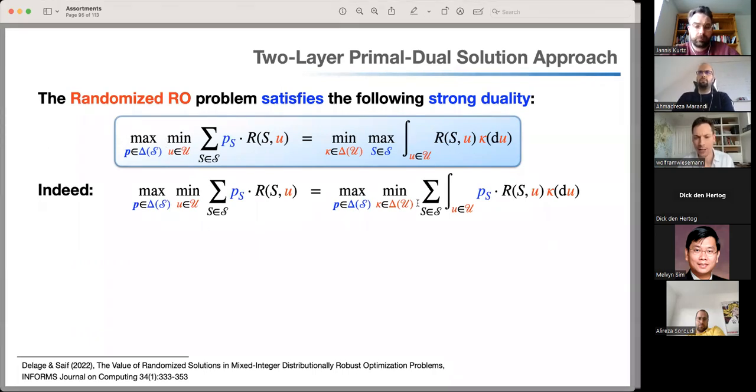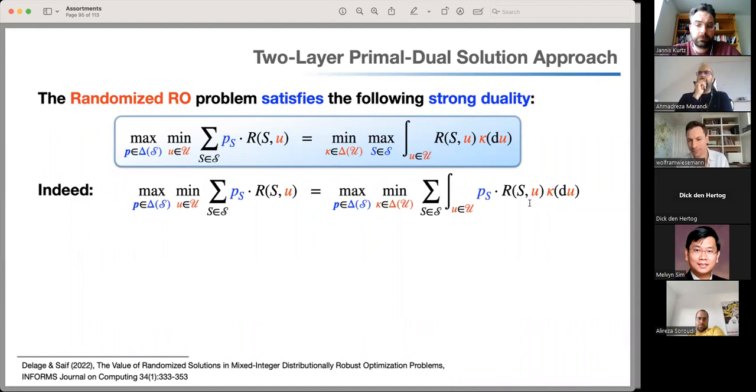But what I can do is enlarge nature's choice by allowing nature to not just choose the worst parameter setting, but to choose the worst convex combination of parameter settings. This is a larger search space, but it actually leads to exactly the same worst case outcome.